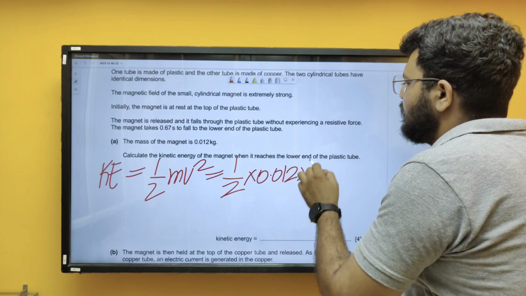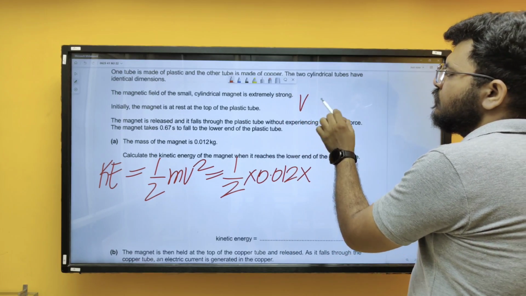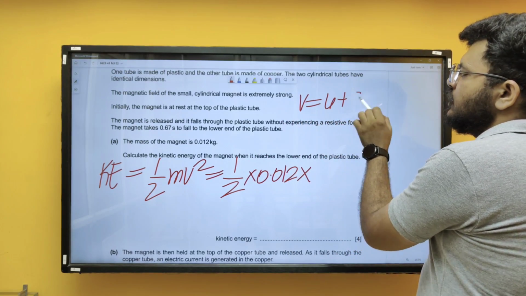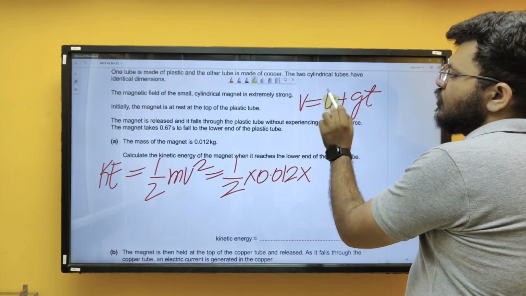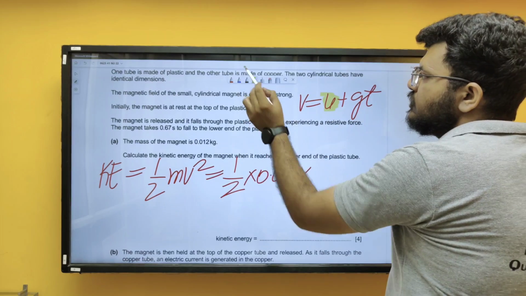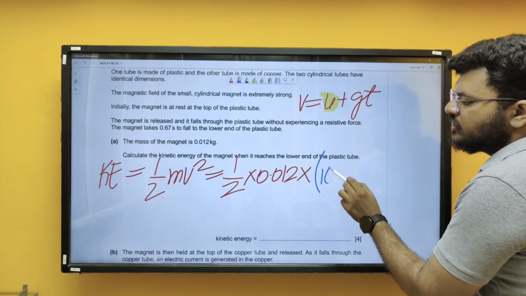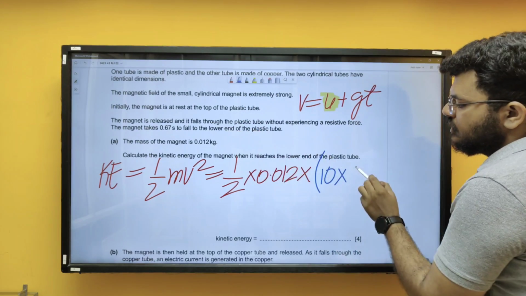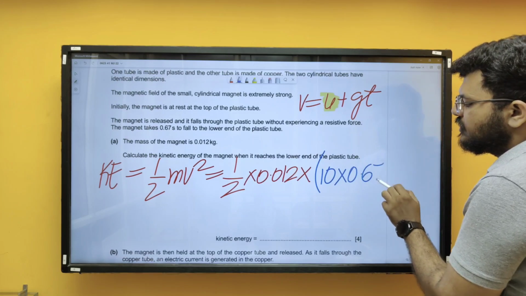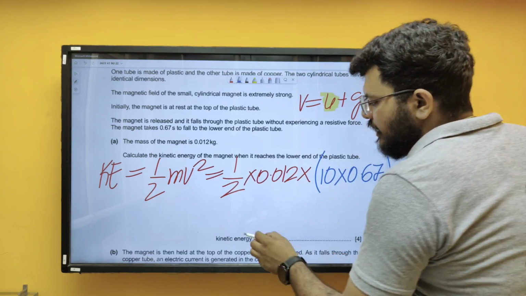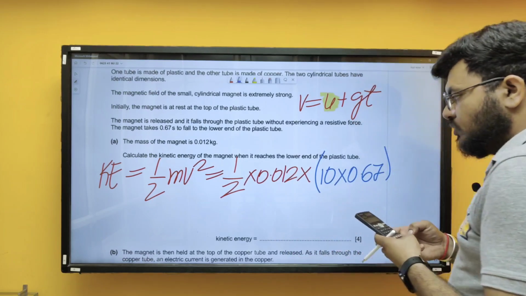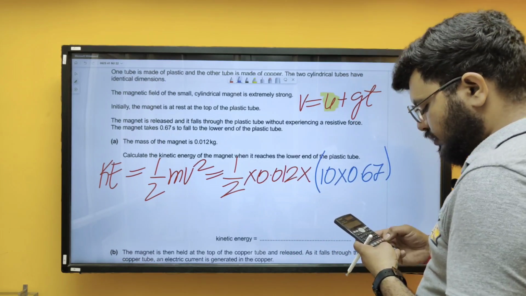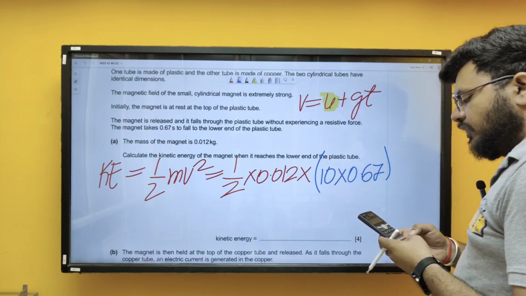Now if it was at rest, then from the equation of motion, velocity is equal to u plus gt, right? But it was initially at rest, so u is already 0. So you just need g, which is 10, into time t. It takes 0.67 seconds to fall, right? So this will easily give you the kinetic energy. So it will be 0.012 into 10 into 0.67, whole thing divided by 2.